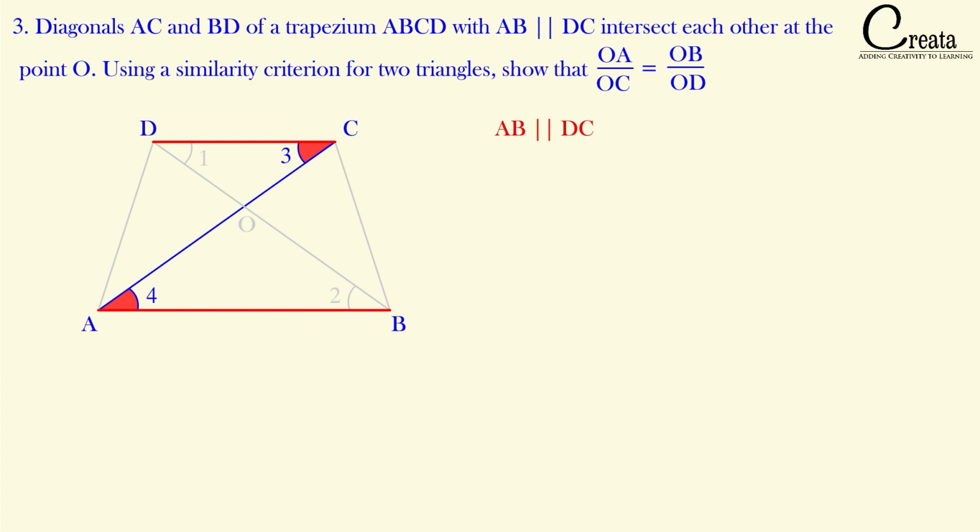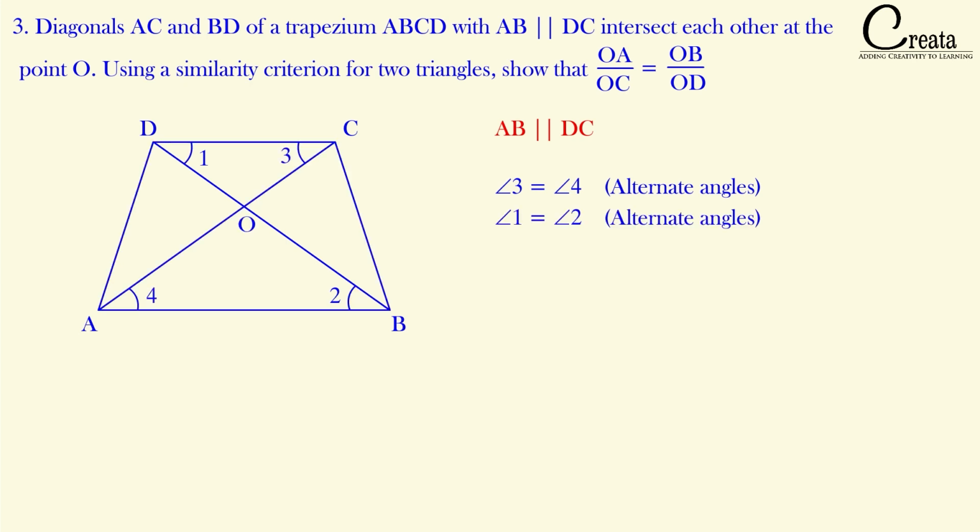These are the alternate angles, meaning angle 3 and angle 4 will be equal to each other. If we take the diagonal BD as the transversal, which is cutting the two parallel lines AB and CD, these two angles are the alternate angles which will be equal. So we got angle 1 is equal to angle 2 and also angle 3 is equal to angle 4.